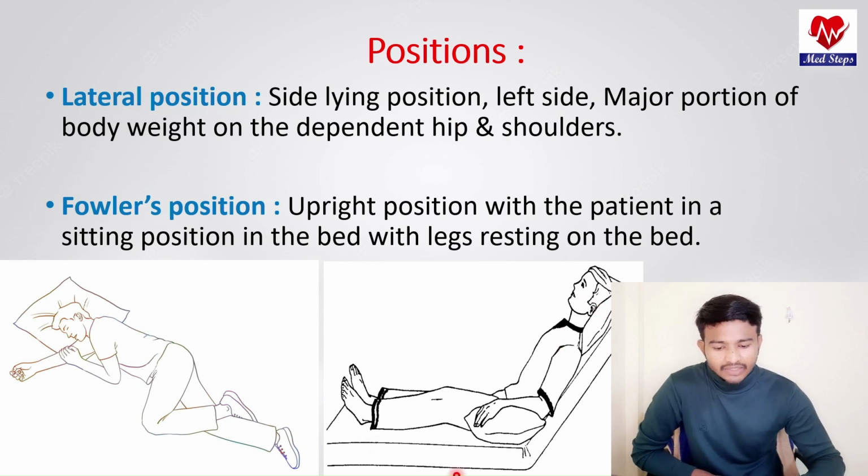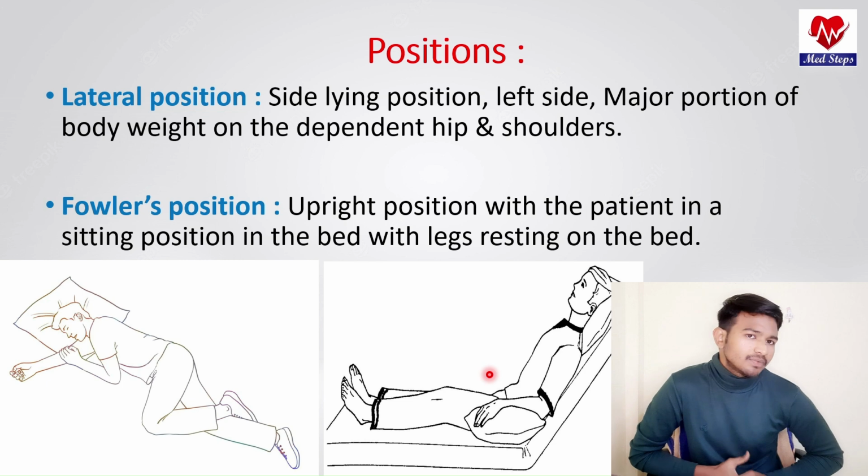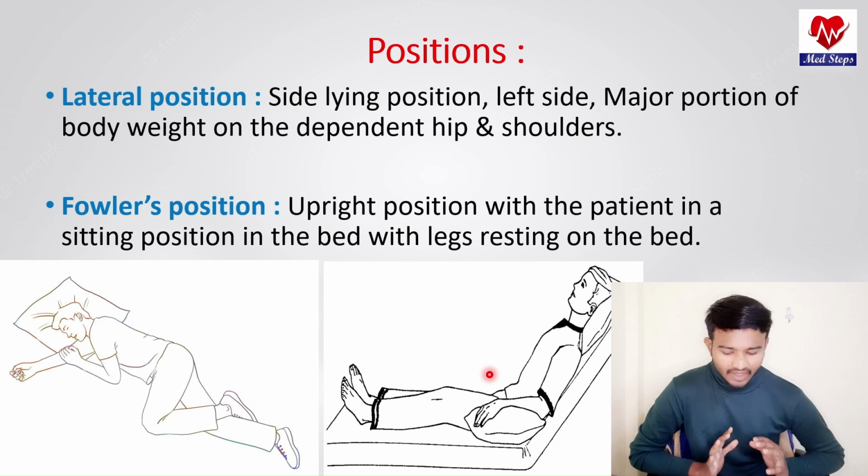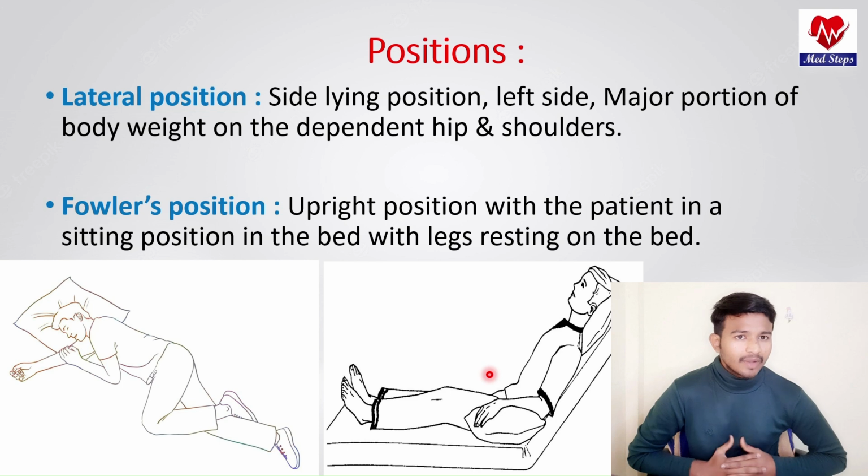Next, Fowler's position. Fowler's position means this type of position. Upright position with the patient in a sitting position in the bed with legs resting on the bed. If you see the Fowler's position clinical importance, it relieves breathing difficulty, relieves tension of abdominal sutures. If any patient has any surgery in abdominal area, after surgery we are doing sutures, right?